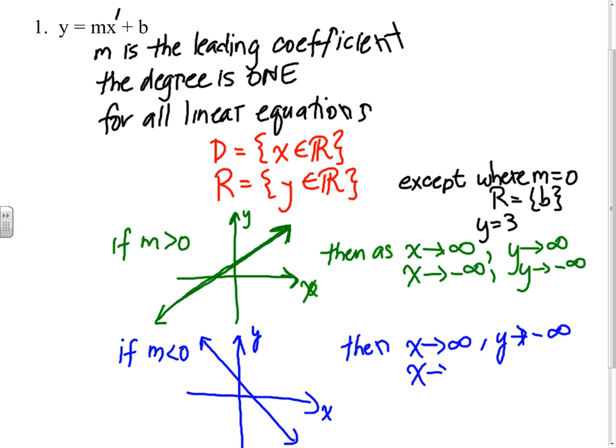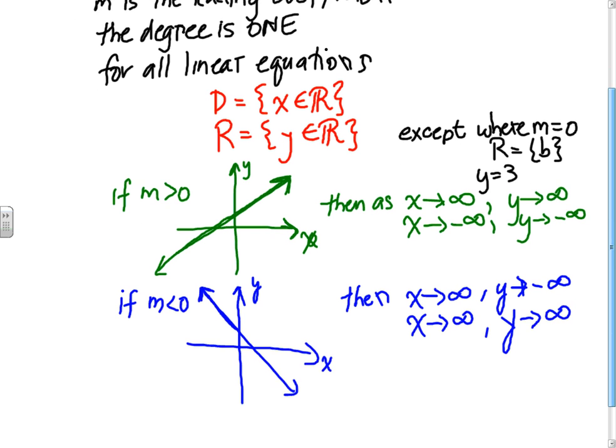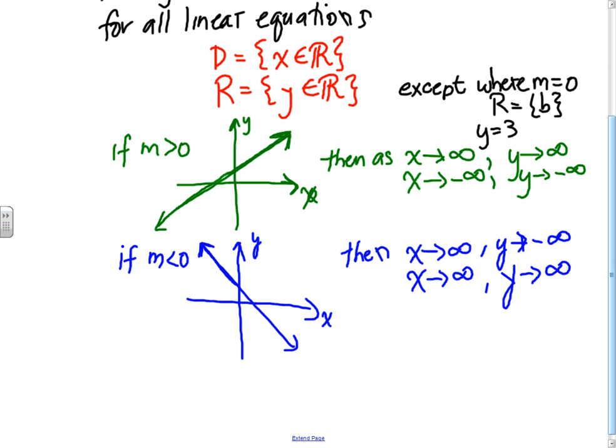As we go towards the left along our function, it goes up, positive infinity. We call this end behavior. We look to the very ends of the function and see if it gets very large or if something stranger happens.